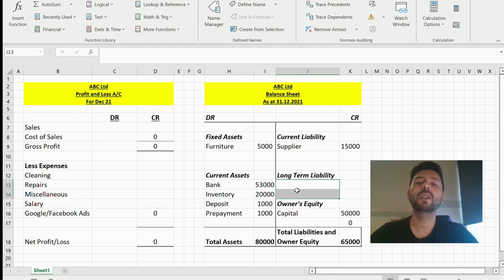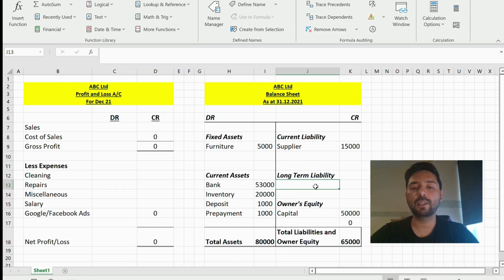Normally what you do is the amount of loan that is due within 1 year you put here and the remainder goes into this. We are not going to go into too much detail. Let's just straight away put the loan amount into long-term liability. After these videos, we will come to videos where we'll be discussing the advanced entries as far as balance sheet, profit and loss, and statement of cash flow are concerned.